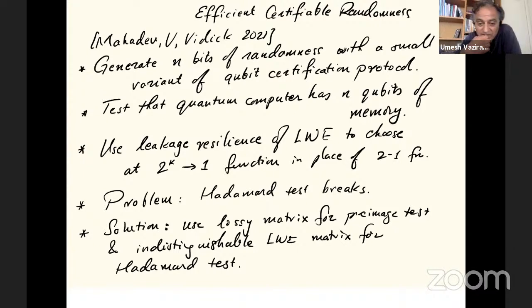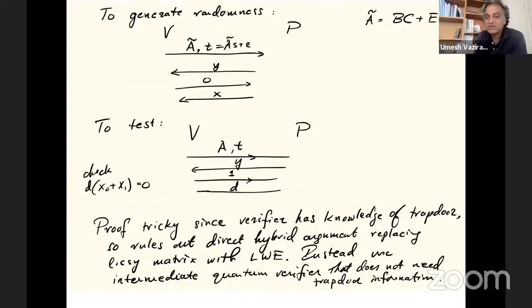The problem is that if you use this lossy LWE matrix, then the Hadamard test completely breaks. So what do we do? Well, the solution is to use the lossy matrix for the pre-image test and the indistinguishable LWE matrix for the Hadamard test.